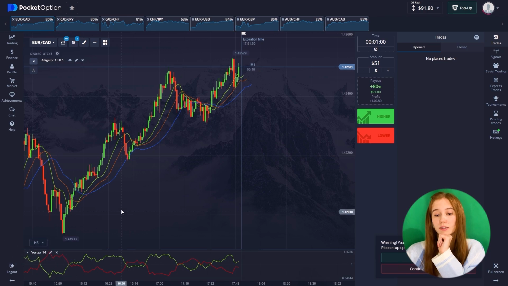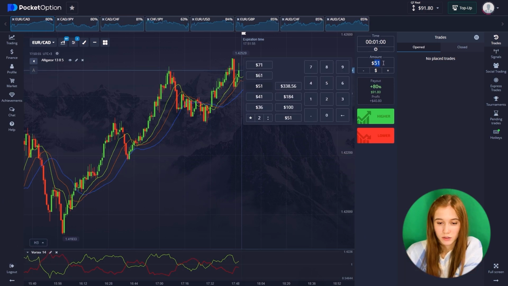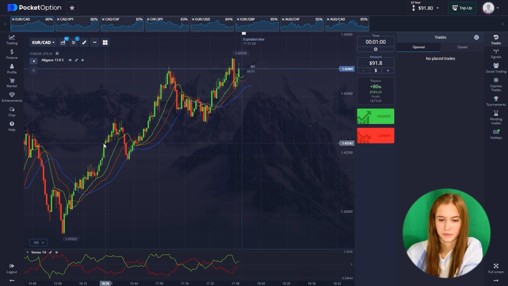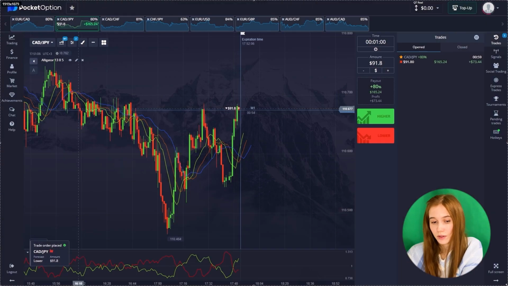Yeah, plus deal, good. Profit is $40. $91 on our balance. Yeah, the second concept, down deal, and we start our technical analysis.